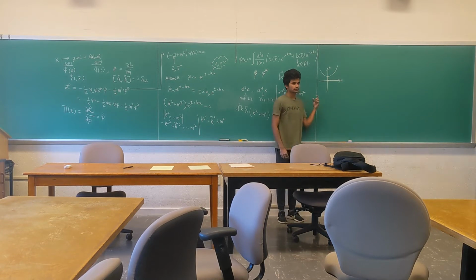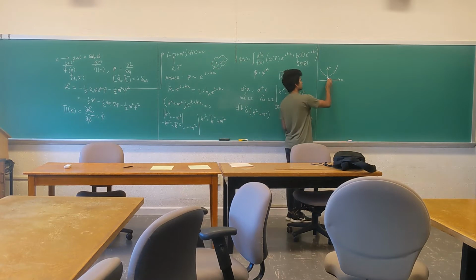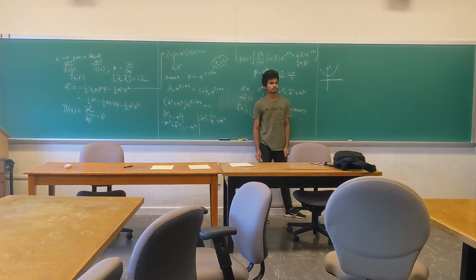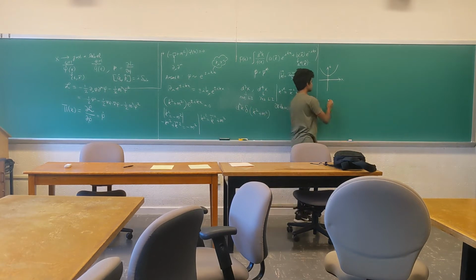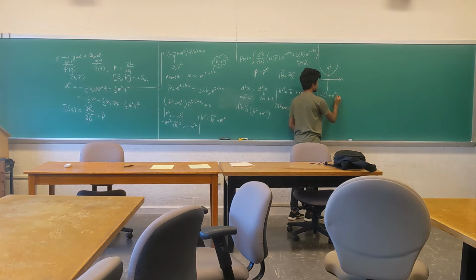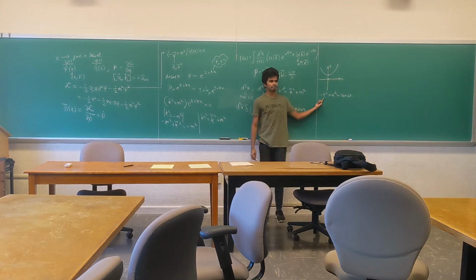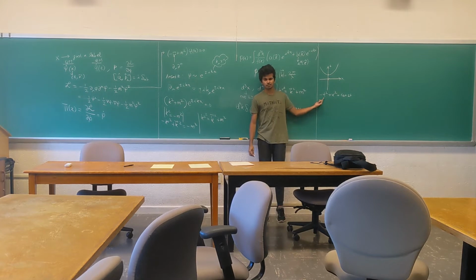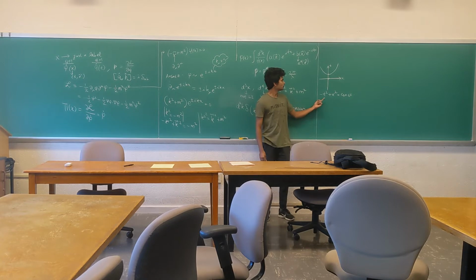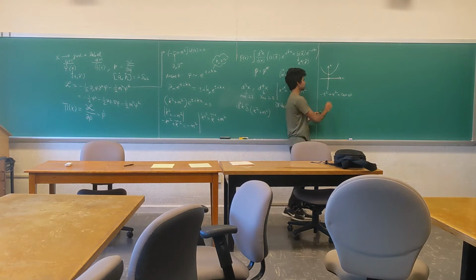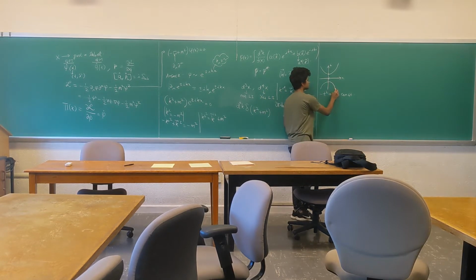If they are causally connected events, the Lorentz transformation will take this along these lines, because Lorentz transformations have to preserve this relation, and this is a hyperbola. But that's not it. You have this part as well.